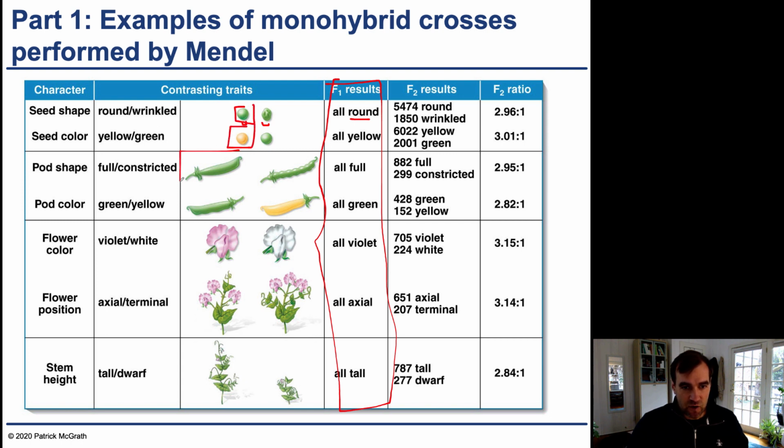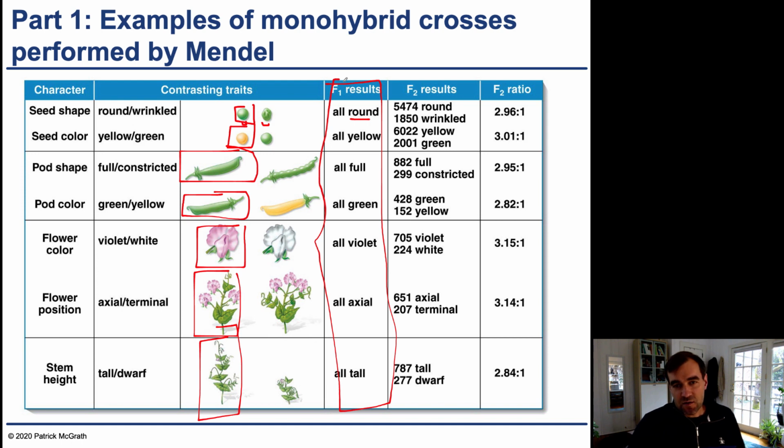The way we've listed this in the table is we've always listed the trait that the F1 progeny had first. And so this doesn't match the blended mode of inheritance. If inheritance was blended, then what we would expect to see is a mixture between green and yellow colors, for example, for these F1 individuals, or a slightly wrinkled seed as opposed to a fully round seed or a fully wrinkled seed.